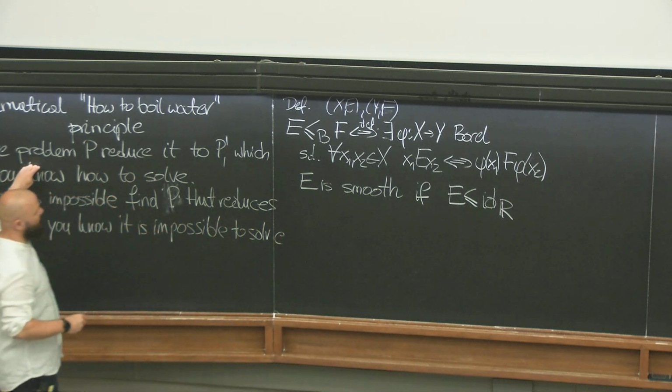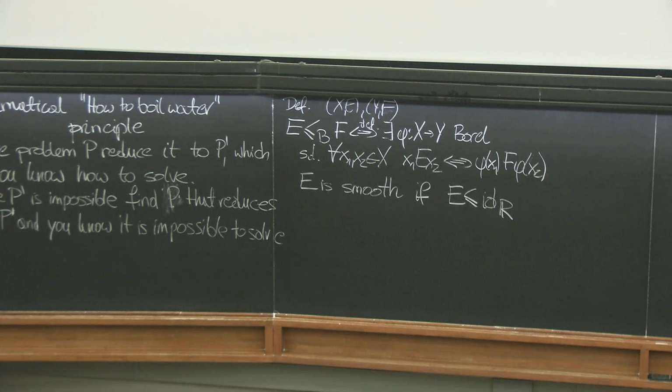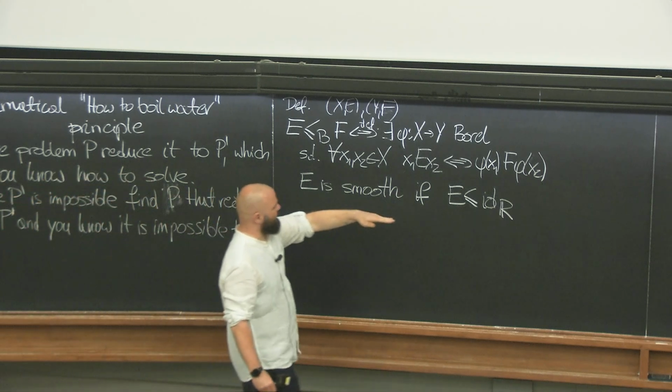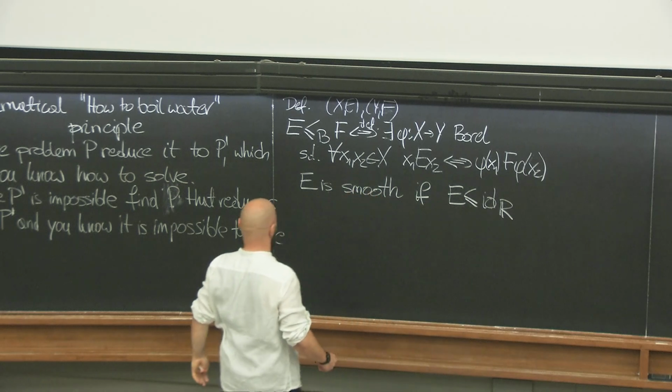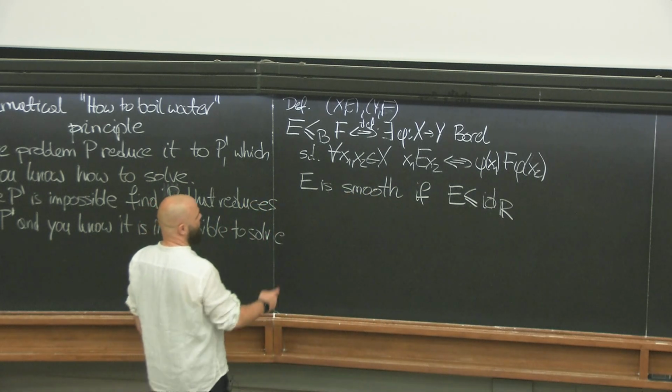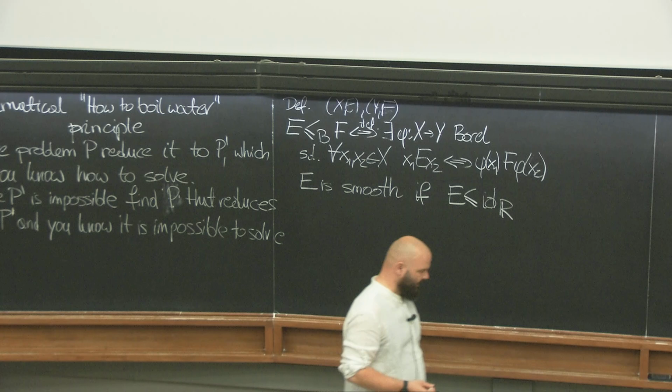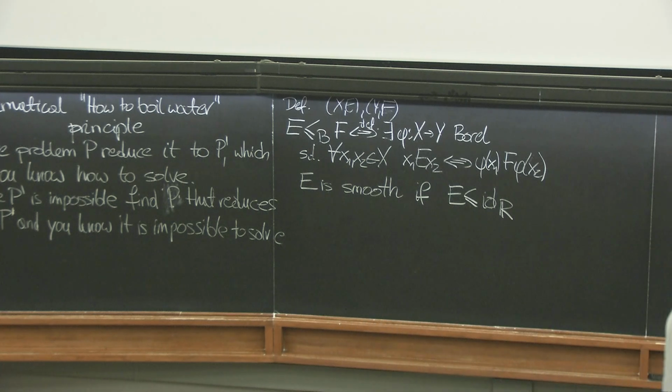So this illustrates the first line of the boiling water principle: to solve problem P, we can reduce it to a problem we can solve. And of course, if we want to prove that some equivalence relation is not smooth, then we should find one.